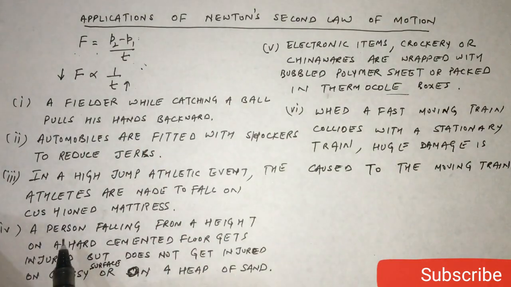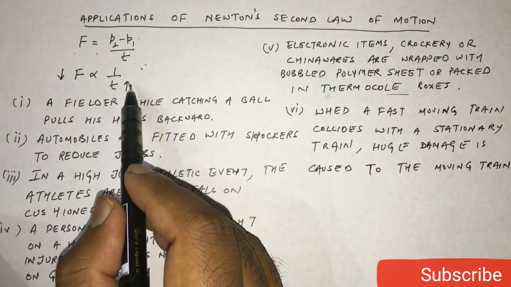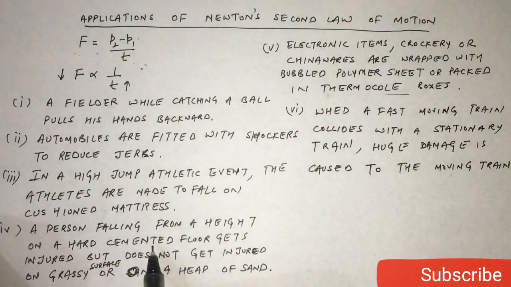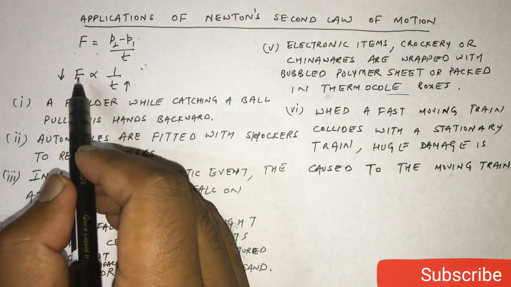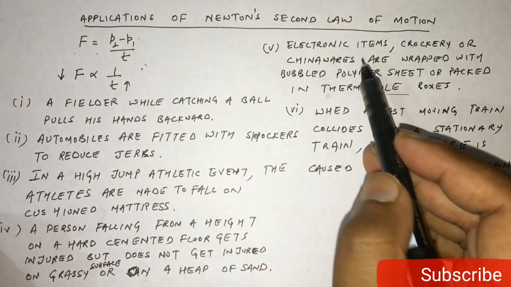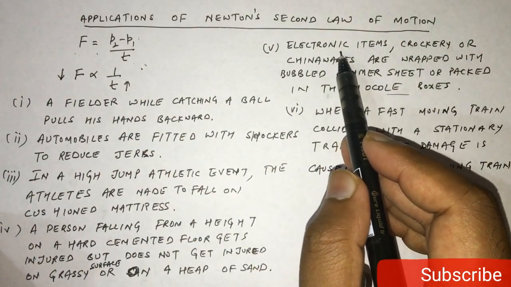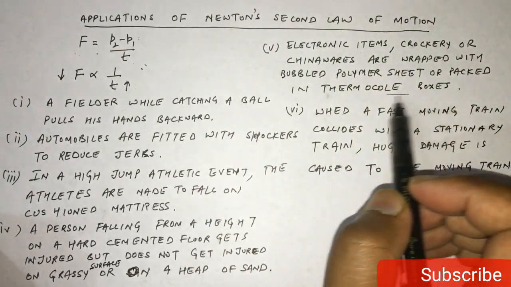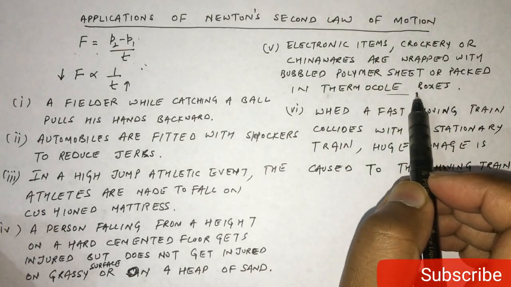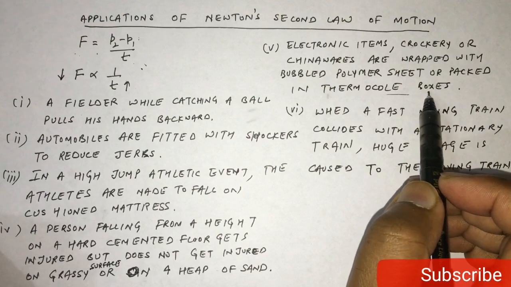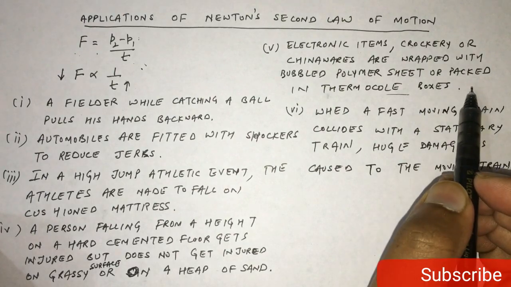Similarly, a person falling from a height on a hard cemented floor gets injured because the time of impact is very less in the case of a cemented floor, so the force increases. Clear? All the crockery, chinawares and electronic items are wrapped or packed in thermocol sheets or thermocol boxes to increase the time of impact.